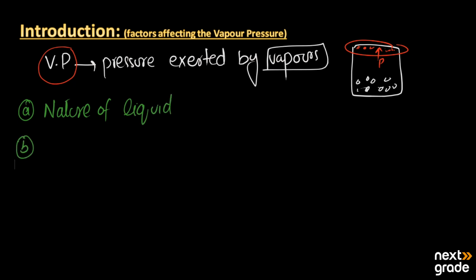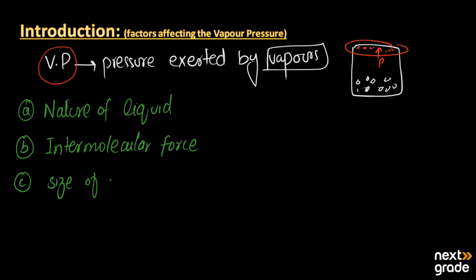The second factor is intermolecular forces, and how the intermolecular forces of the liquids will affect the vapor pressure. And the third one is the size of molecules, that if the molecules are large or small, then what will be the effect on vapor pressure. So let's discuss these three factors one by one.